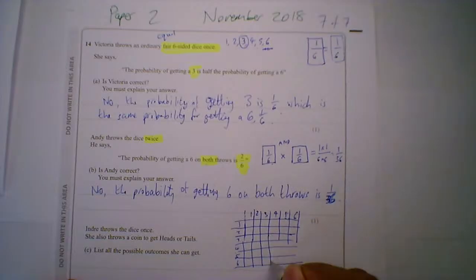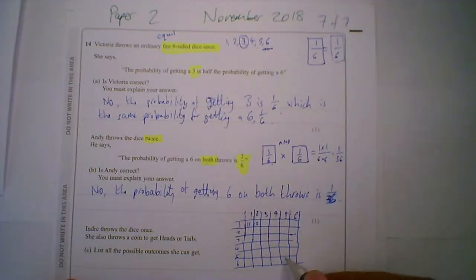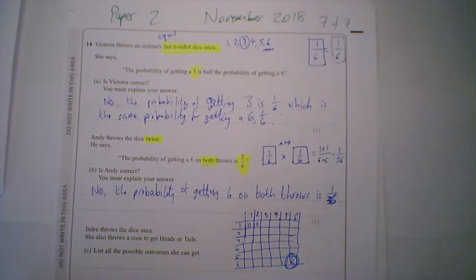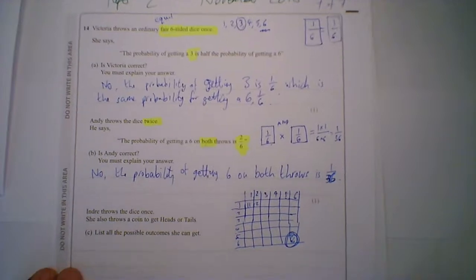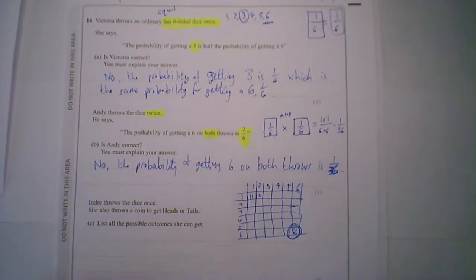And you fill in this table. So you can get 1 and 1, 1 and 2, all the way to 6 and 6. You can see there are 36 outcomes here, and out of the 36, only one of them is 6 and 6. So that's also another way of doing it. It's a bit long-winded, but you're guaranteed to get to the correct answer.